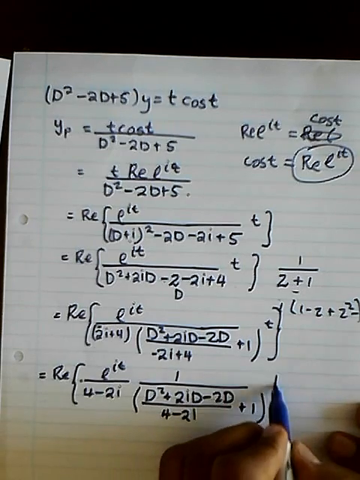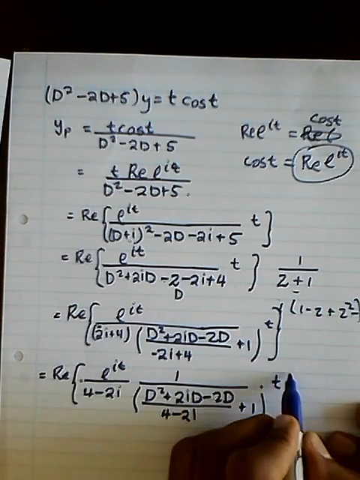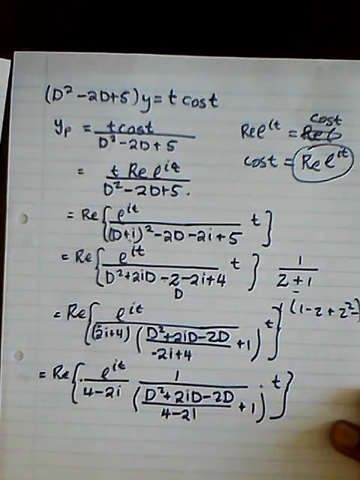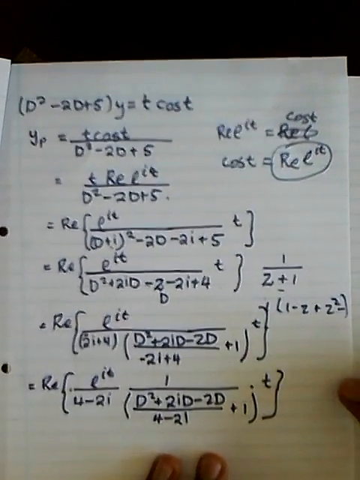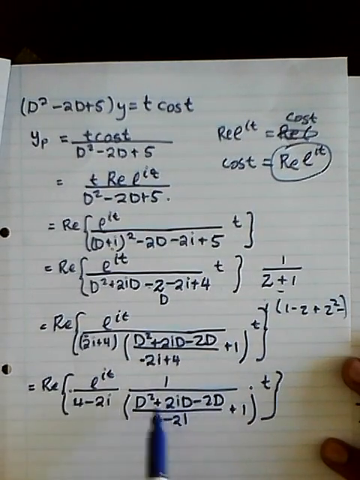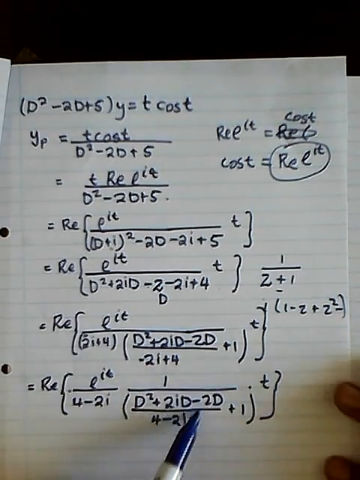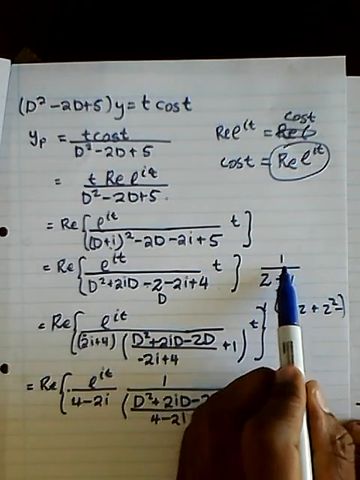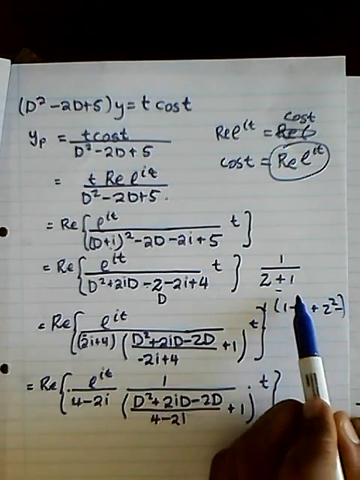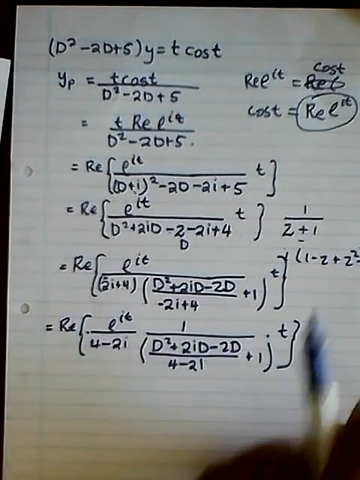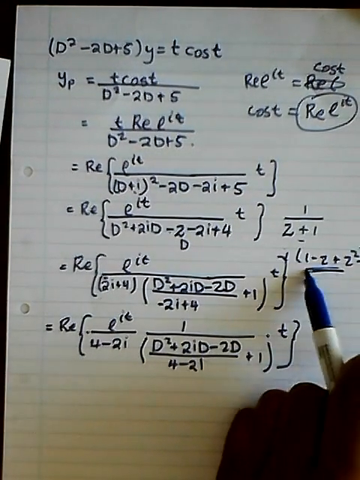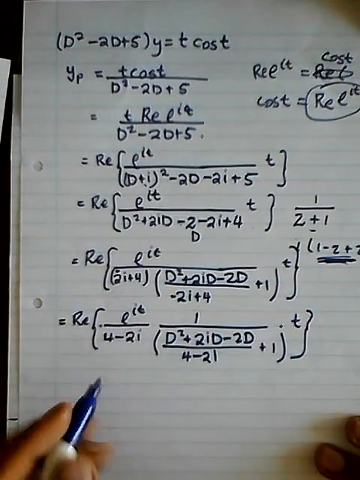So everything is multiplied by t. Note that what we have here, all of this bracket fraction, is in the form 1 over z plus 1. So we can apply this rule here.